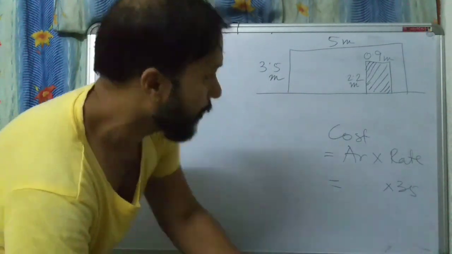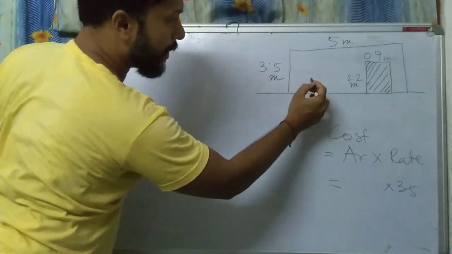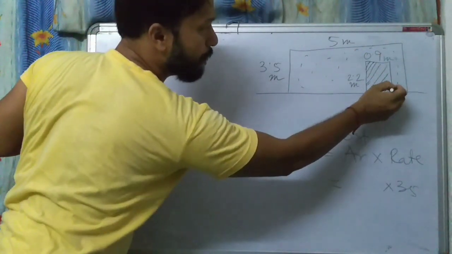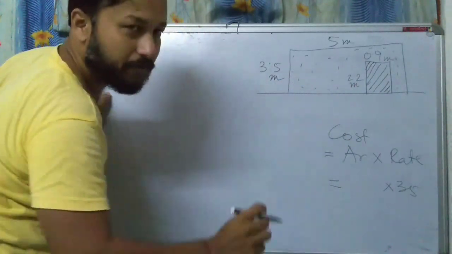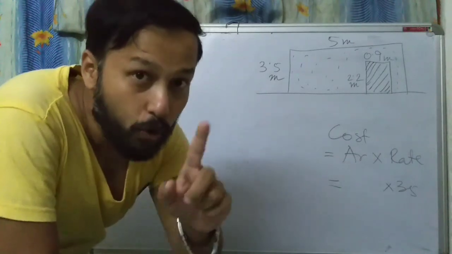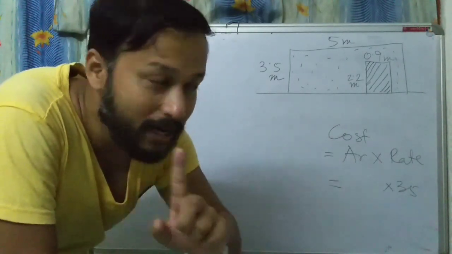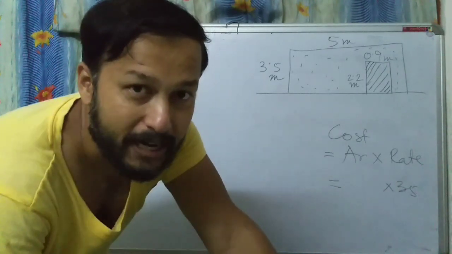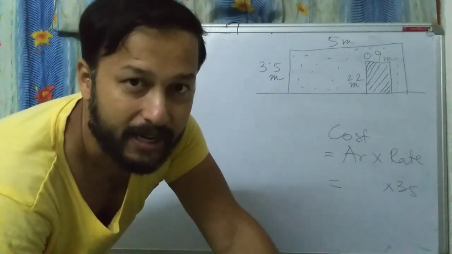Let us find that area. This area we are going to paint. To find that area, first of all, the door we are not painting. This is the door. We are not painting that. What we are painting? The wall we are painting.